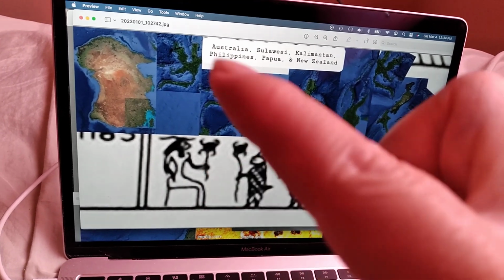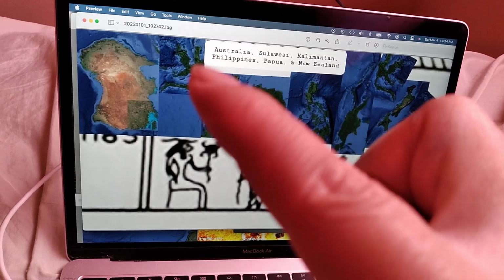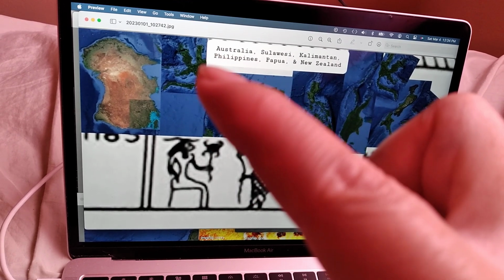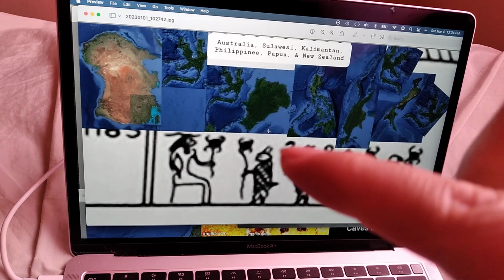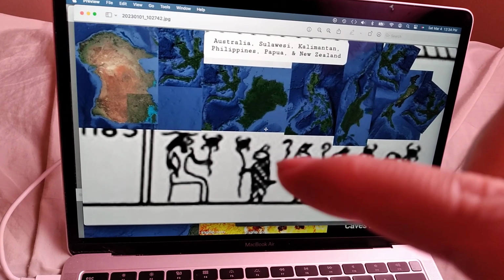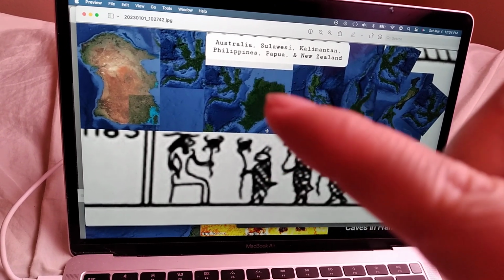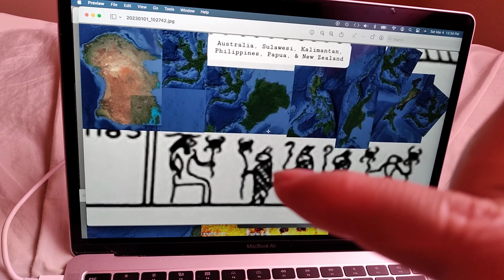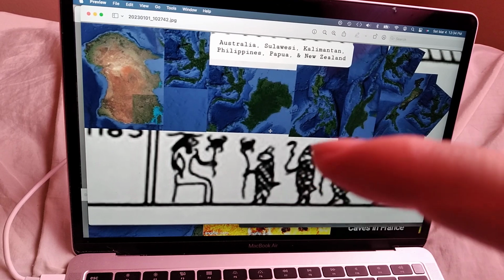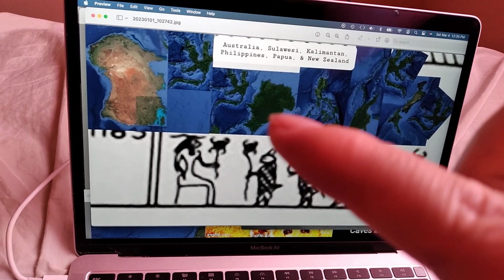And then he's holding Sulawesi, the part that is that other god's front haunches or whatever. And then here is Kalimantan, which is this huge island.